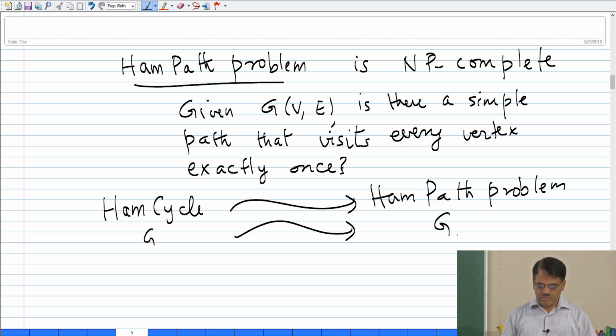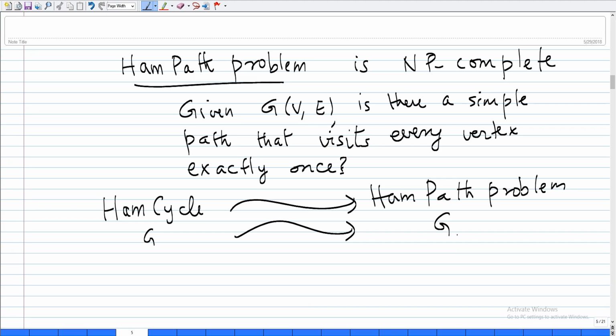But you just told me that this G prime will always have a Hamiltonian path, because you made it complete. So this is my graph, and you will translate it like this because you want to make it complete. And existence of a Hamiltonian path is always guaranteed.